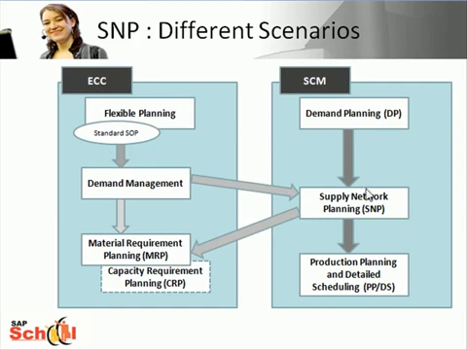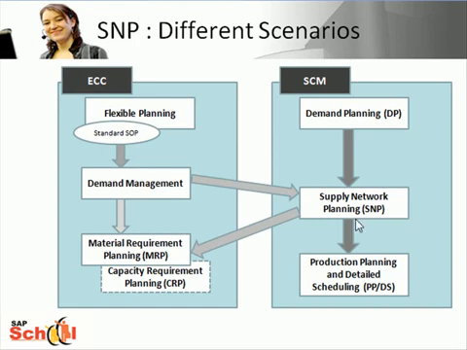Supply network planning covers the medium to long-term planning horizon. It creates a quantity-based cross-location production and distribution plan with its own rough-cut bills of material and routings.